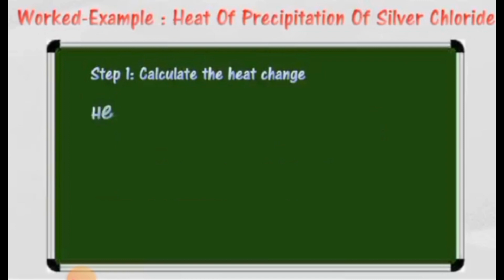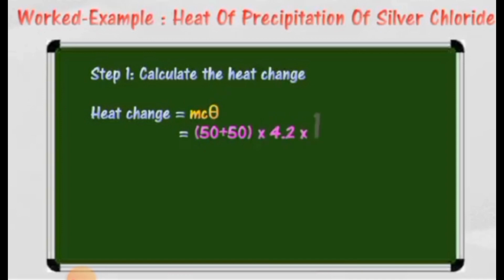In the formula of heat change, m equals the total mass of solution, in this case hydrochloric acid solution and sodium hydroxide solution. c is the specific heat capacity of solution, which equals 4.2, and theta equals temperature change. In this example, the heat change is 5,700 joules.